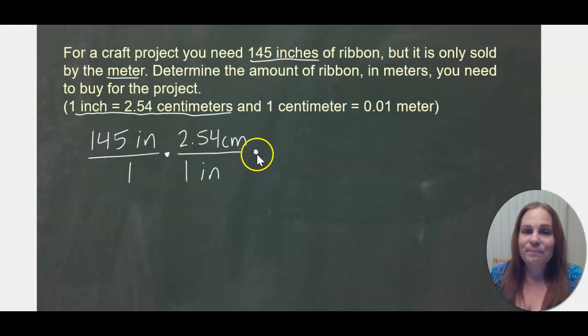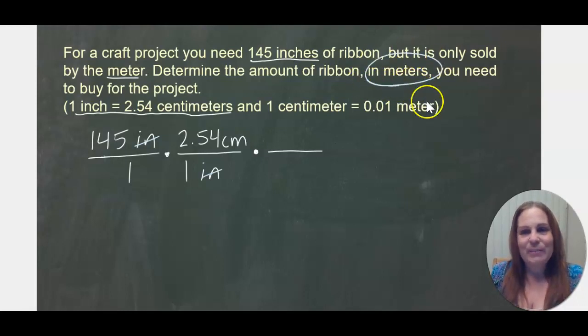Then I've got another one, because after doing this, my answer is going to be in centimeters because my inches will cancel. But I don't want it in centimeters, I want it in meters. So I've got to do the next conversion factor. The next one is 1 centimeter equals 1/100th of a meter.